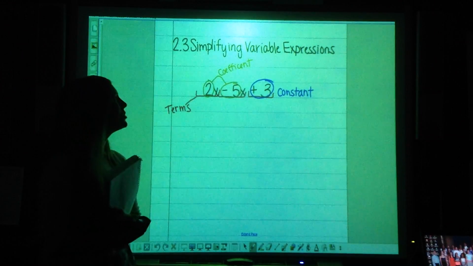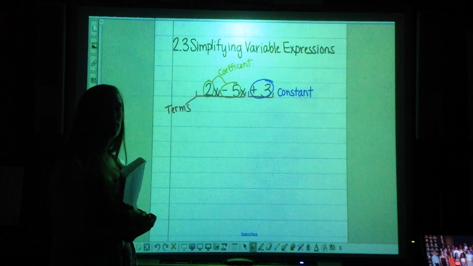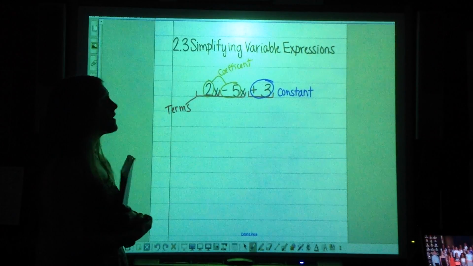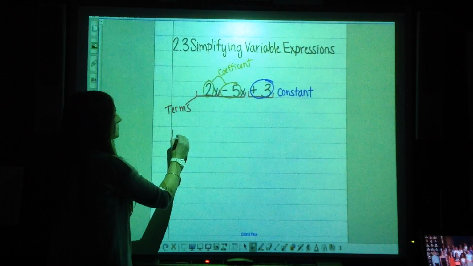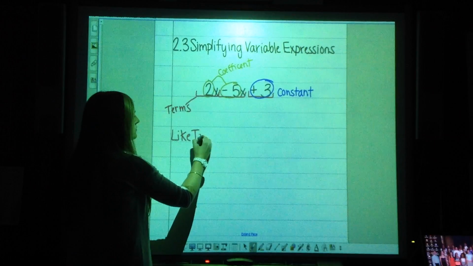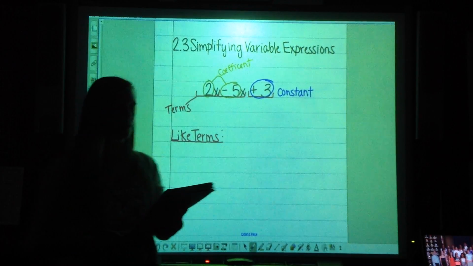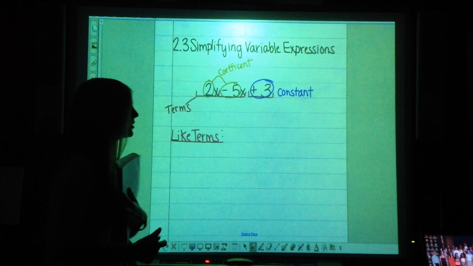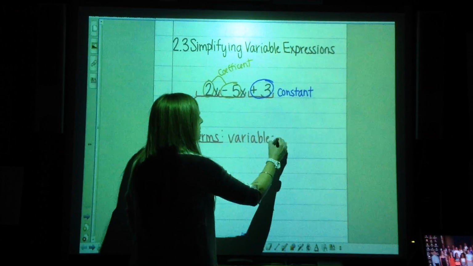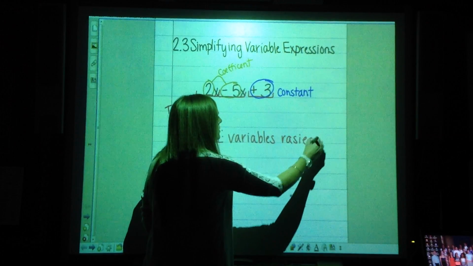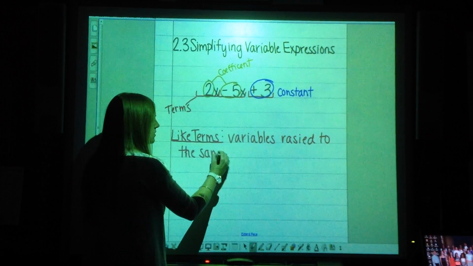Okay, you're going to be hearing me use those vocab words throughout this lesson. In order to simplify variable expressions, you're going to have to know what like terms are. So let's write that definition down. Like terms are variables raised to the same power.